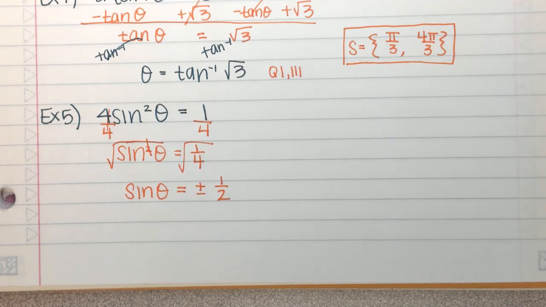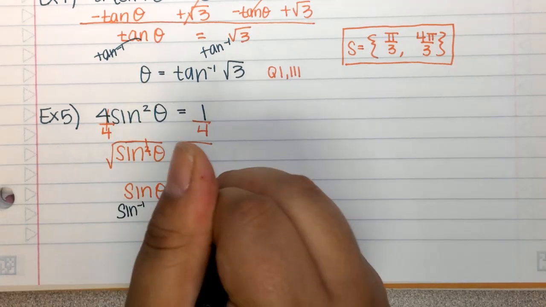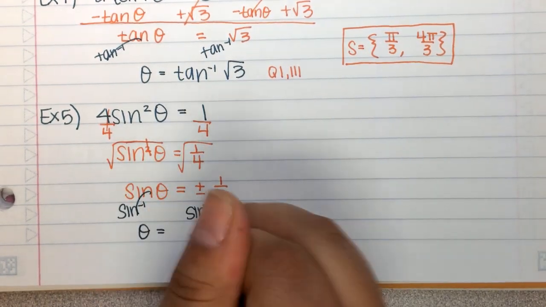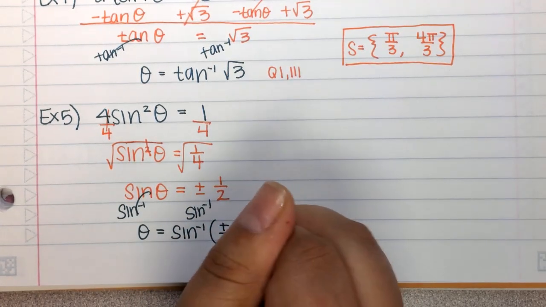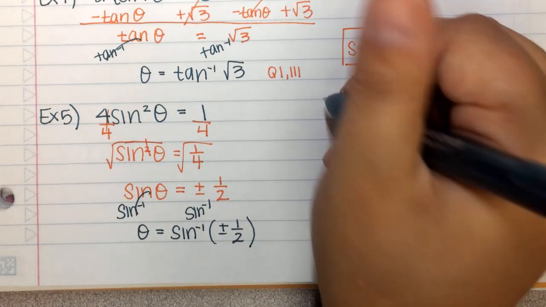And then I'm going to inverse sine both sides. So your theta is the inverse sine of plus or minus 1/2. Ooh, thank you.